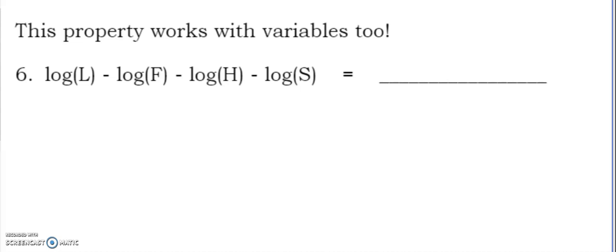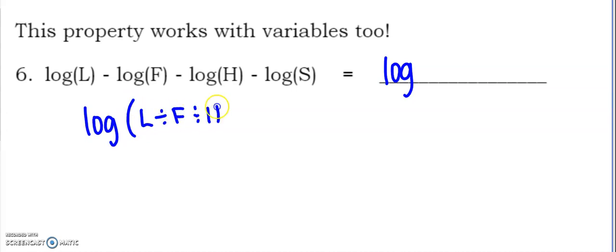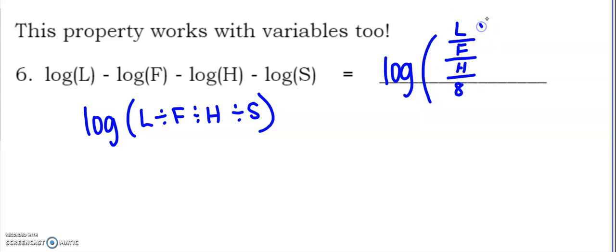So I know Mrs. Fry talked about this with L, F, H, S multiplying, but this time we're going to have to read from left to right because that's what subtraction says to do. So we're going to write this into a single logarithm. And we could technically write it as a single log of L divided by F divided by H divided by S, which is fine. But we also sometimes write division as L over F over H over S, right?